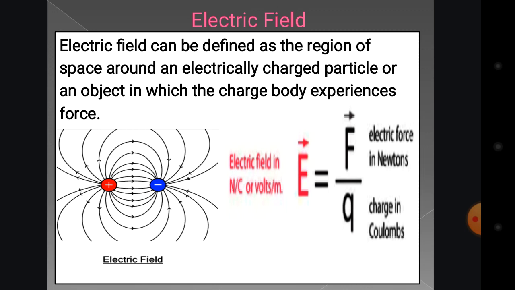The electric field is therefore measured in Newton per coulomb, N per C, or volt per meter. These are the SI units of electric field, and this is the formula for calculating it.